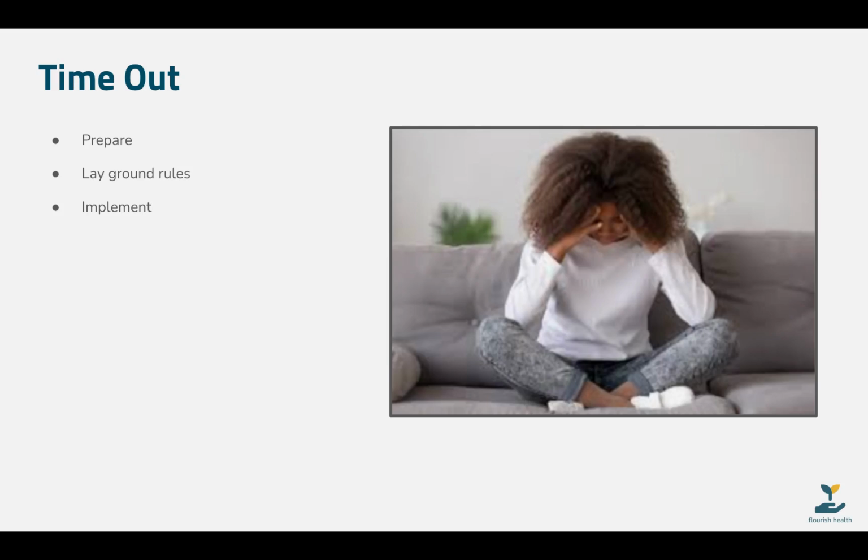We talked about timeout, which is a skill that works for our kids who are not having unsafe behaviors. So we recommended for families where kids are having unsafe behaviors that this might not be a skill to do yet, but for the kiddos and families that are, you prepare by thinking through what are the ground rules of timeout, and then sitting down with your child and talking them through the rules so that they understand really clearly, and then implementing the rules.